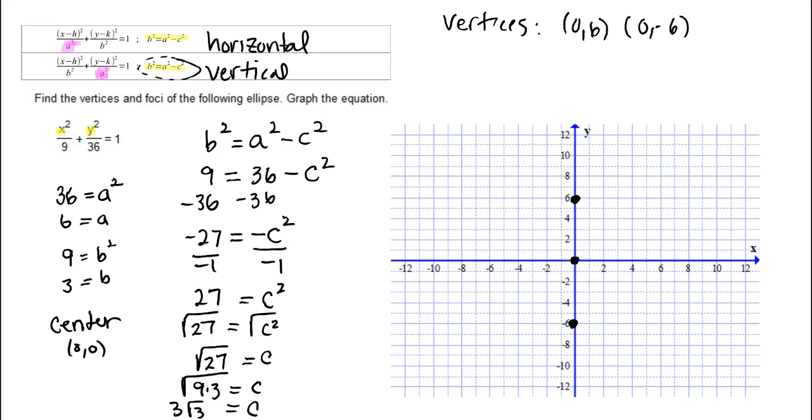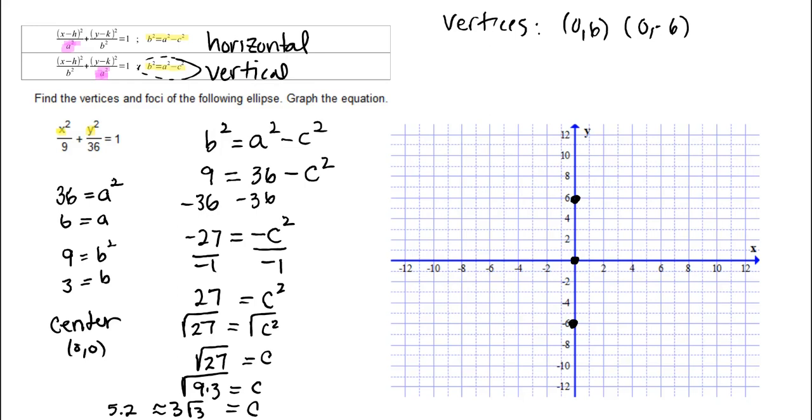Now the foci will also be located vertically up and down from the center. And I put in my calculator 3 square root of 3, and that's approximately 5.2.